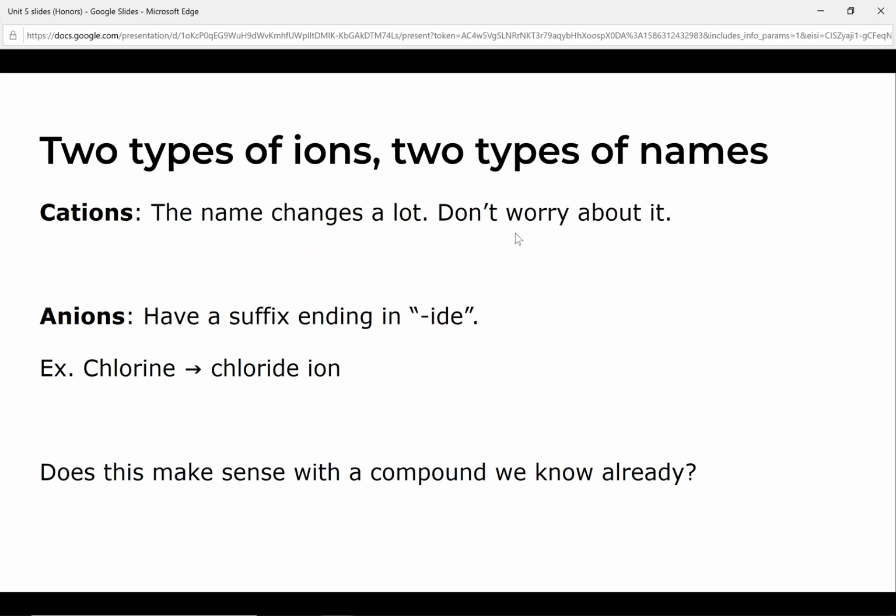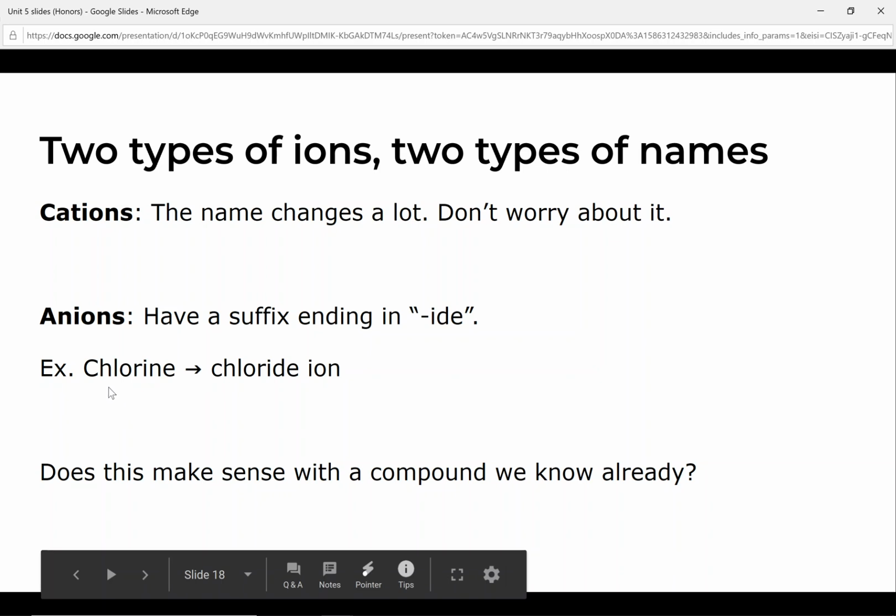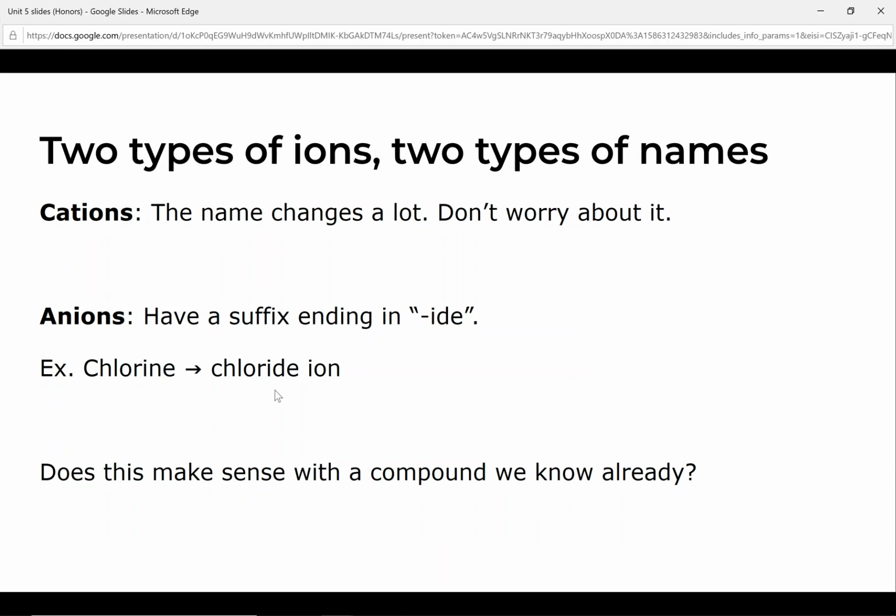The name changes a lot, and there's not really a rule to memorize. Anions have a suffix, meaning that the word always ends in "ide." So chlorine atoms will turn into chloride ions. Whenever you refer to the ion for an anion, it's going to be "ide." Sulfur turns into sulfide, right? Or bromine turns into bromide. They always end in "ide."